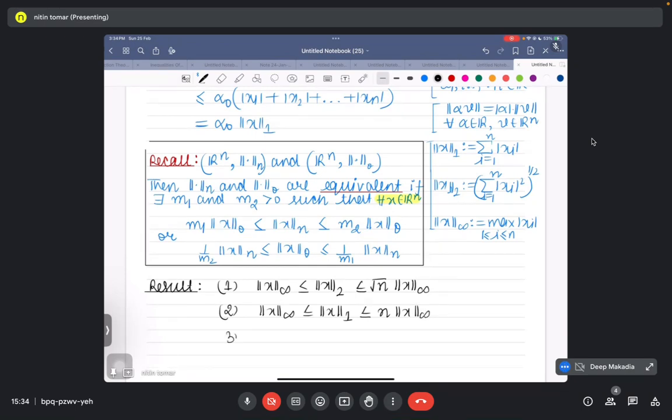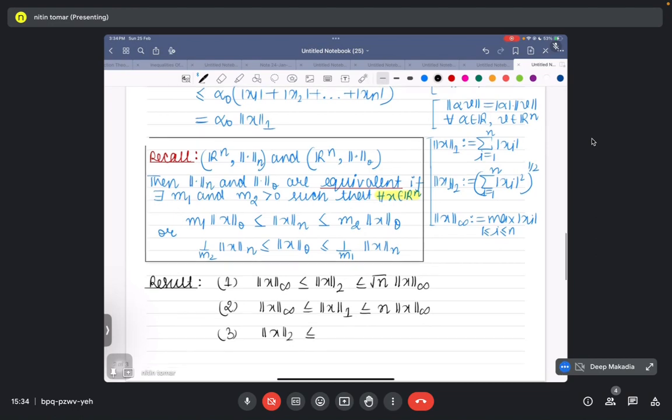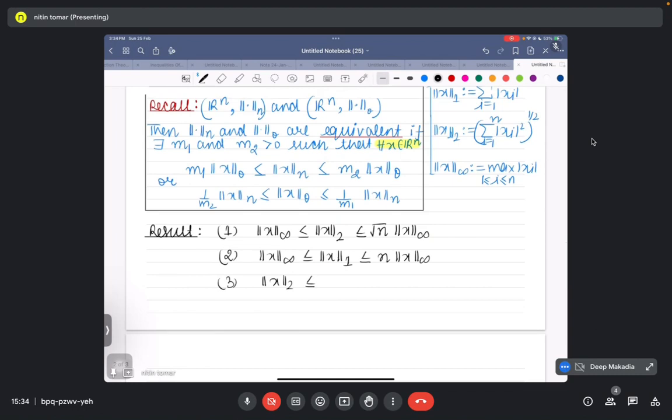And third, using these two, we proved that norm x2 is bounded by n root n... yeah, we proved these three.